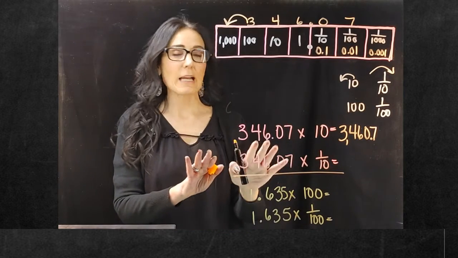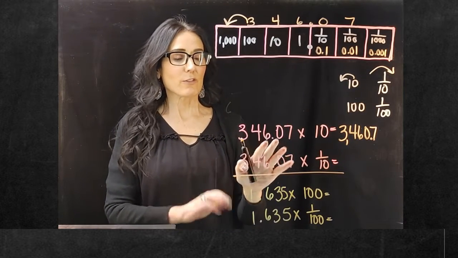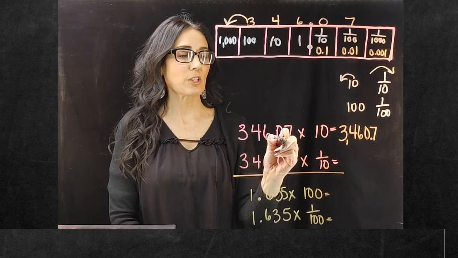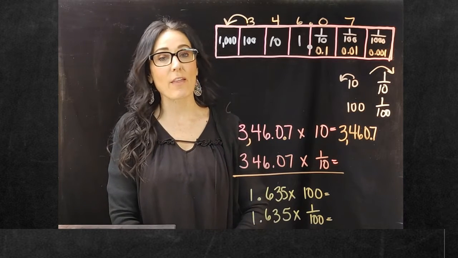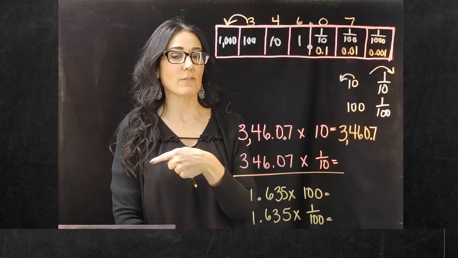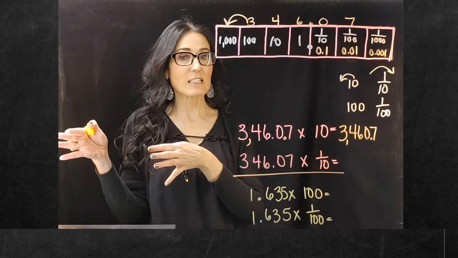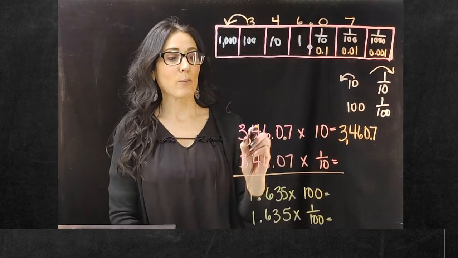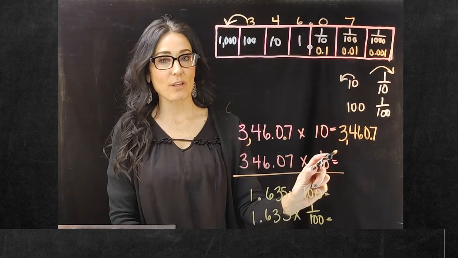So I have the exact same number. The only difference is the decimal now is going to go here, so this number is now 1,000s. Okay? Now it doesn't mean we're moving the decimal to the left. The whole number is becoming 10 times larger, which is why it went from 300 to now 3,000.